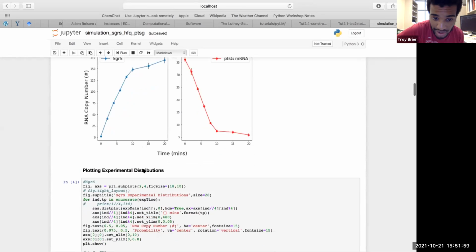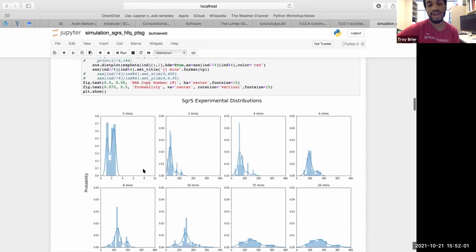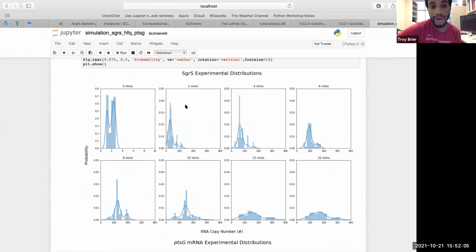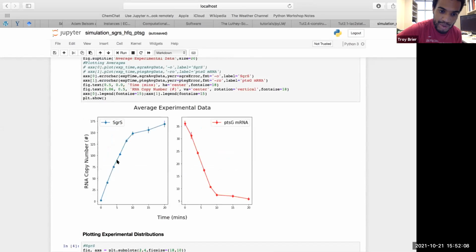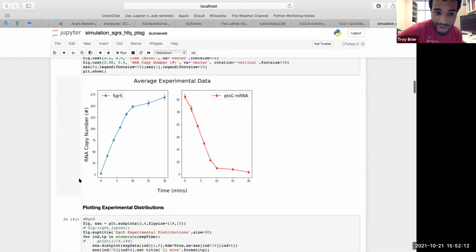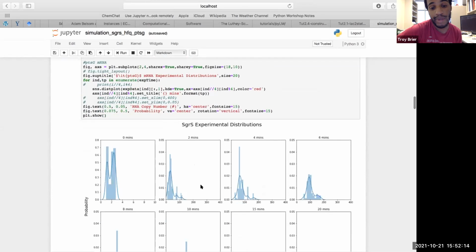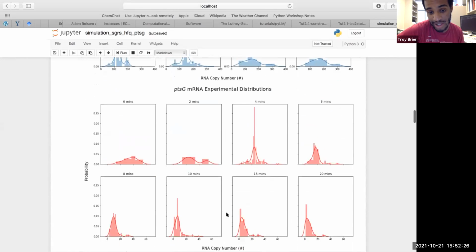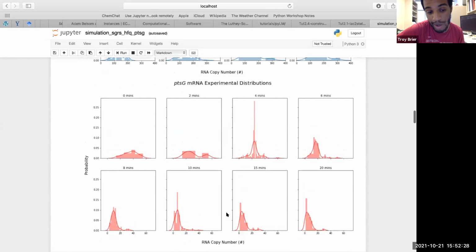But what's more interesting is that with these techniques now, you can get actual distributions of the data. Each of these time points is representative of approximately, let's say, 100 cells measured, so there's a distribution of data. That average does not directly reflect all of the copy numbers that are found. What I'm showing here are distributions of the SGRS and PTSG count through the experiments.